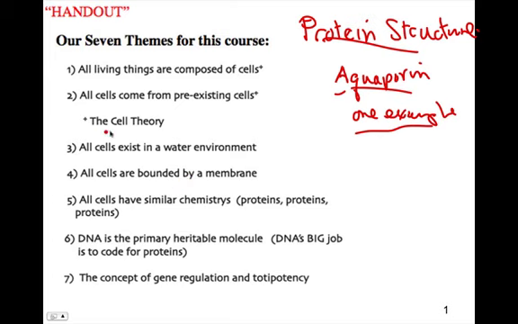Now, here's where we're at: we're building a cell, building up to chapter 6, the cell, and we're building it based on some features. One is that all cells exist in a water environment, and that introduces chemistry.